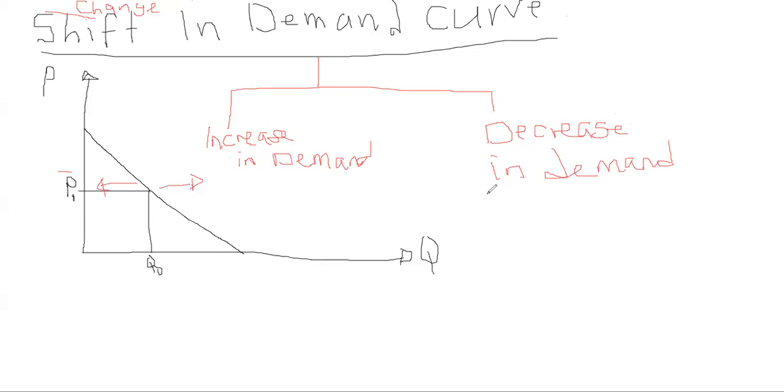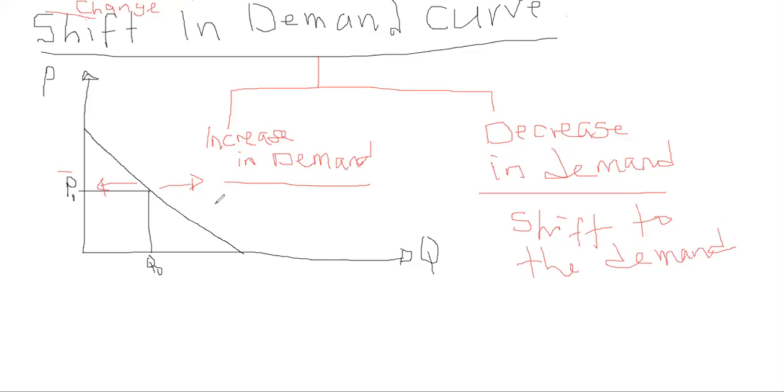When we talk about decrease in demand, we are talking about when the demand curve shifts from here to the left. So we can just say shift to the left. It's the same thing. Shift to the left, that is decrease in demand. We will visualize this. This is the same as what, shift to the right.